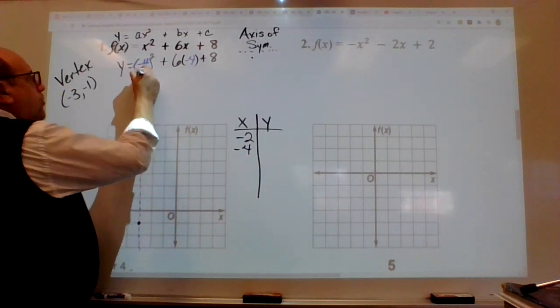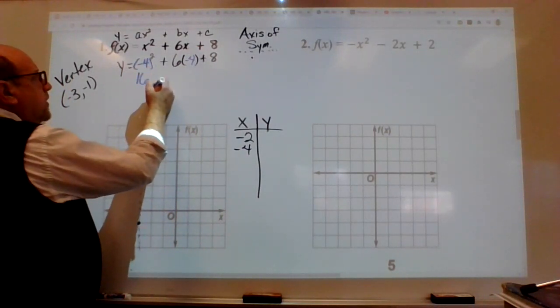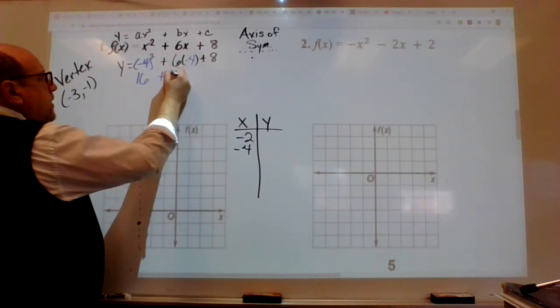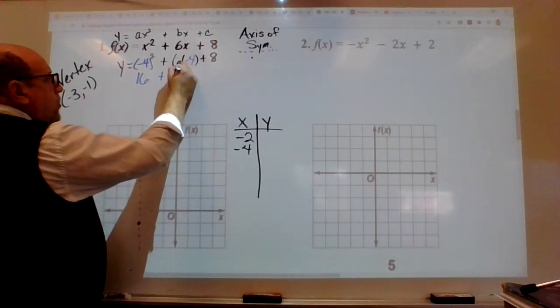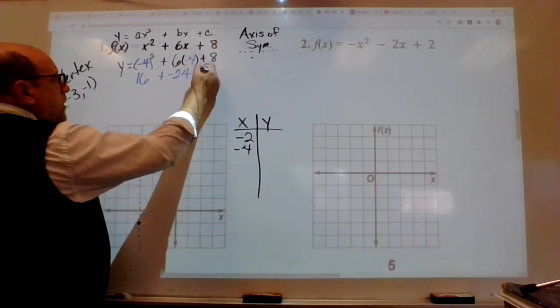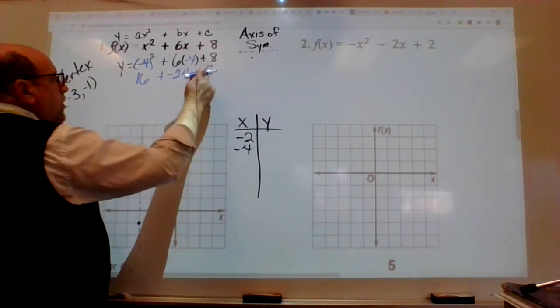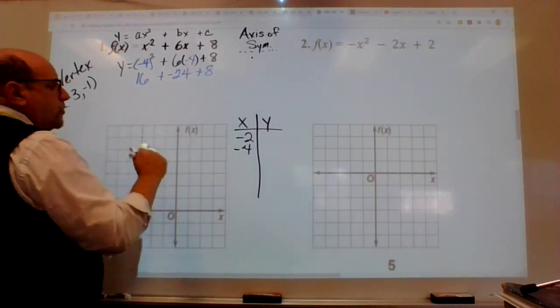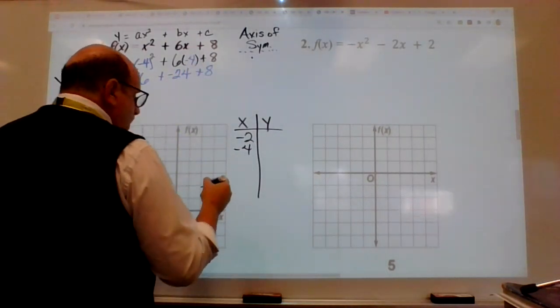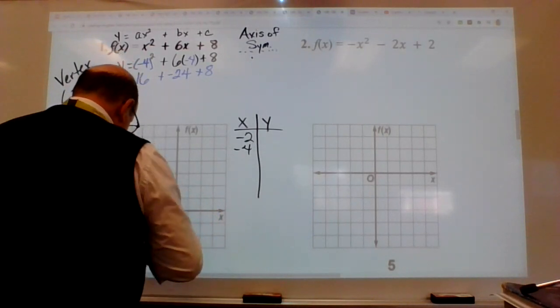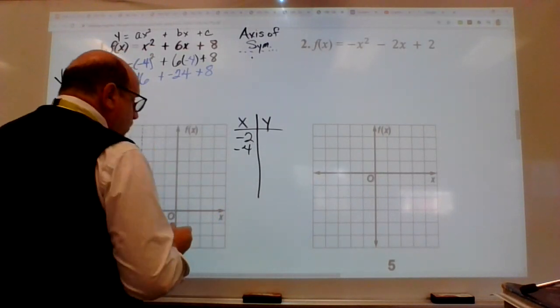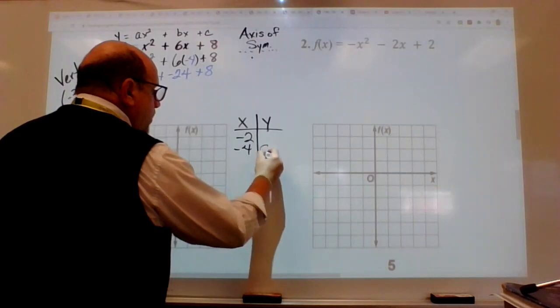So -4 squared is 16, plus -6 times -4 is 24, plus 8. Well, 16 plus 8 is 24, minus 24 gives me 0. So my output for -4 is 0.